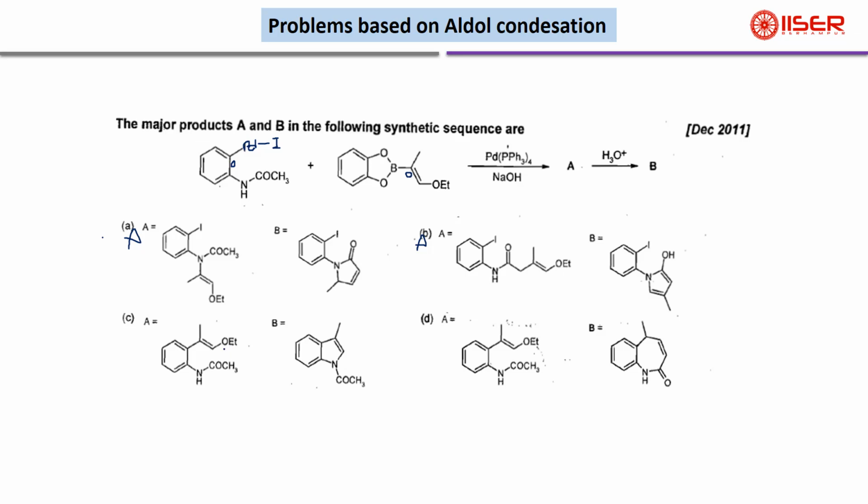In presence of H3O plus, this OEt will be protonated. It becomes a good leaving group, and this nucleophile will attack here, deprotonate from the system, and give this indole ring as our product. Okay.